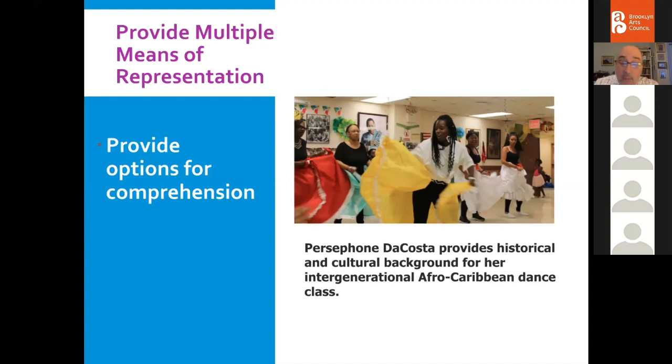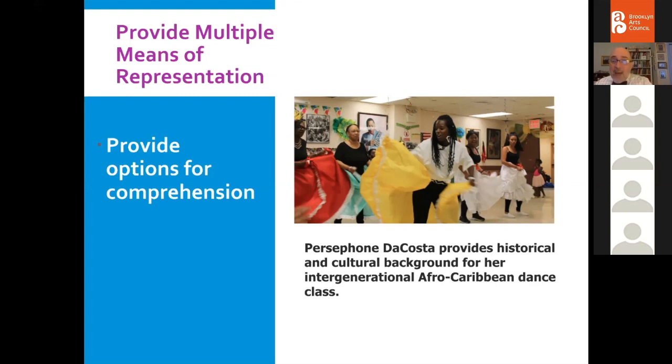For this example, you see Persephone da Costa providing historic and cultural background for her intergenerational African Caribbean dance class. By connecting the dance movement with a specific cultural heritage and background, she's connecting it to people who may have actually lived in the Caribbean before they moved to Brooklyn, and to their own personal history.